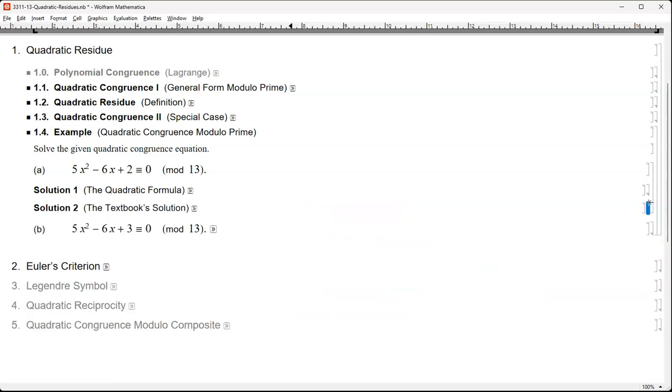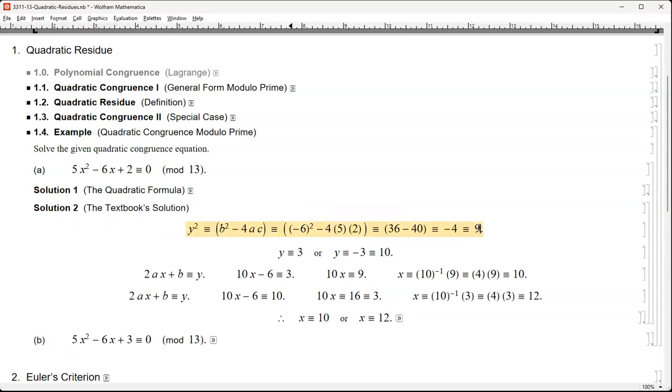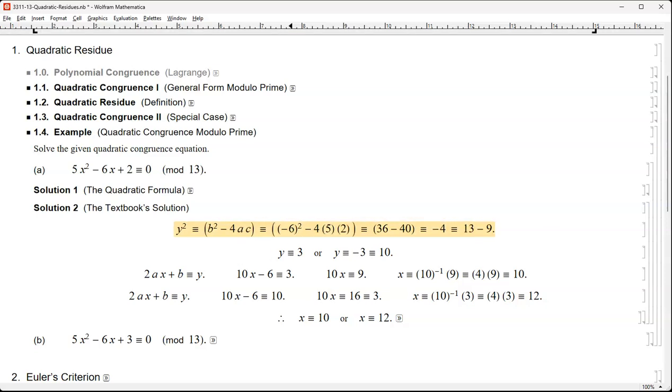Another way is to use the textbook's method. Get this discriminant first. b squared minus 4ac turns out to be negative 4, which is 13 minus 4, and consequently 9. So taking the square root, we get 3 or negative 3.